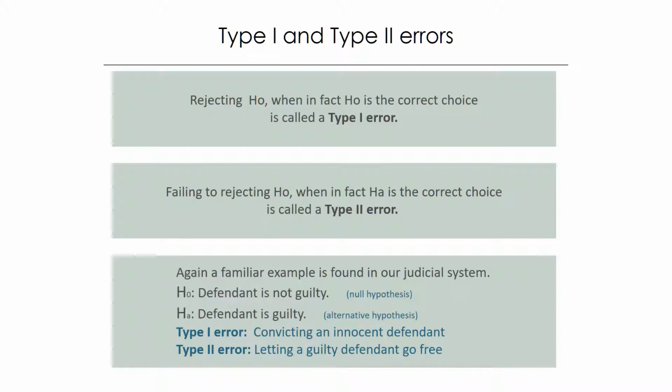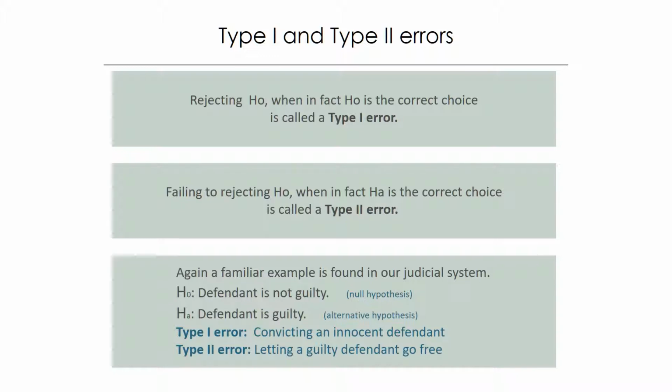Finally, there are type 1 and type 2 errors that can result. Even if all of the mathematics is done correctly, the conclusion can be incorrect. Type 1 error is rejecting the null hypothesis when in fact it is correct.